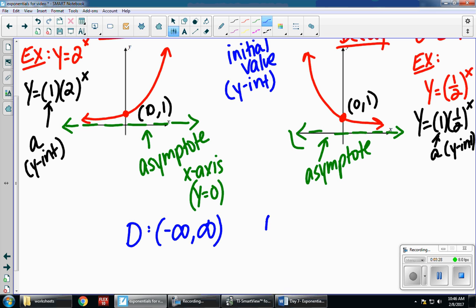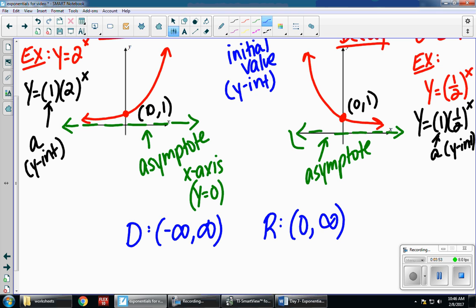For the range, it's my y value, so it's bottom to top, or the lowest point to the highest point. So the lowest point that it goes is going to be the x-axis because there's that asymptote there and it'll never go below that. So it's going to be 0 all the way up to infinity because I have those arrows pointing towards the top.